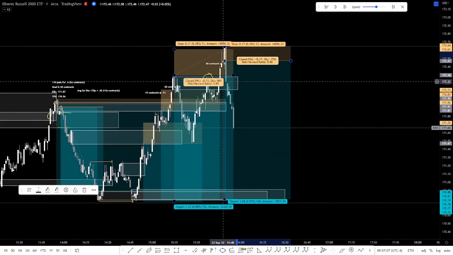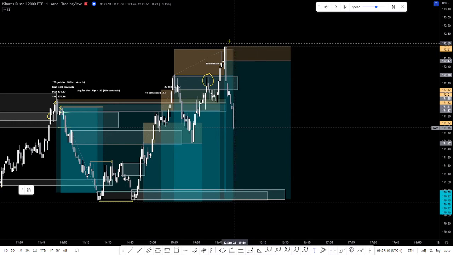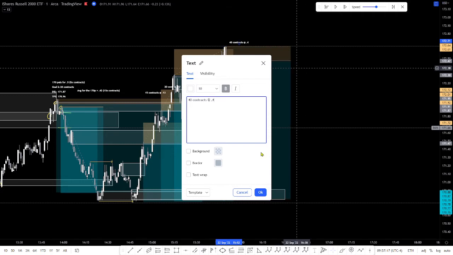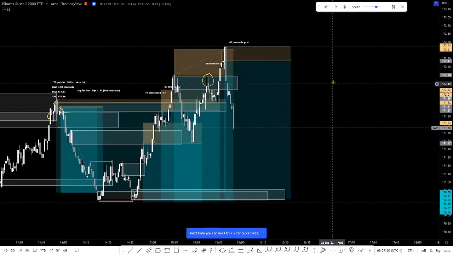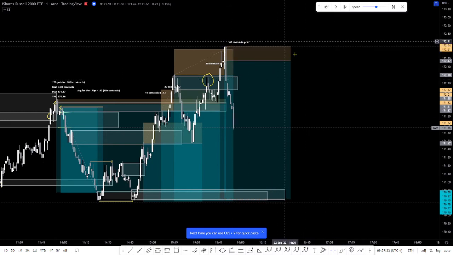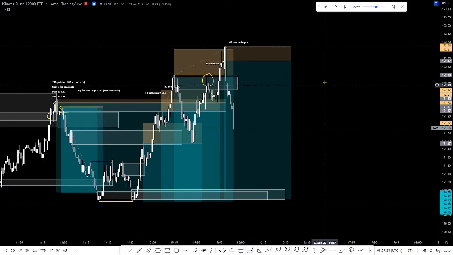But now I'm at, let's say, 40 contracts at 0.4, right? Do the math. You're at $1,600. If you have a $10,000 account, that's a very reasonable setup to make some decent profit here.